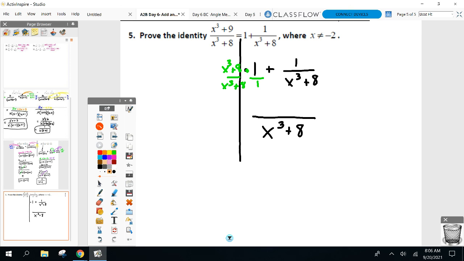Not a 1, but 1 times x to the third plus 8. What do you got to multiply the second fraction by? Look at the denominators, everybody. They're the same, so I just multiply by 1. So I'm going to say x to the third plus 8 plus 1, and then watch the magic, right?